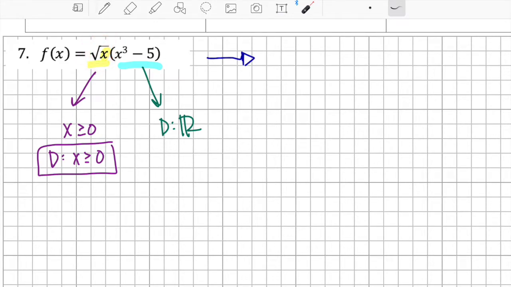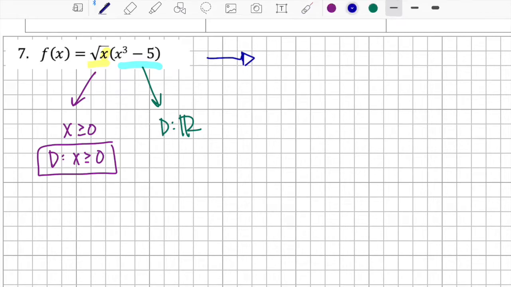But if I plug it into square root of x, square root of -1 gives me an imaginary number. That cannot happen. So the question is, what numbers can I plug in? Well, this is the boss right here. That means you cannot plug in anything less than 0, because whatever x value you pick for x cubed minus 5, that's the exact same x value you have to plug into square root of x.